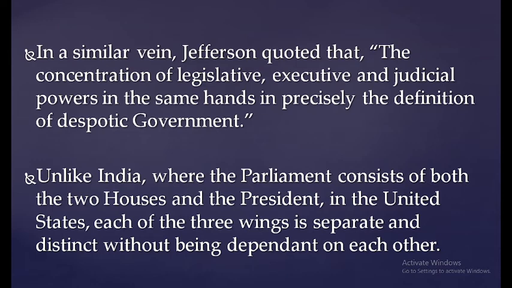But in the case of USA, the legislative branch is composed of only the Congress, and it excludes the president. The president, on the other hand, is the executive branch, whereas the two houses, that is House of Representatives and the Senate, represent the legislative branch.